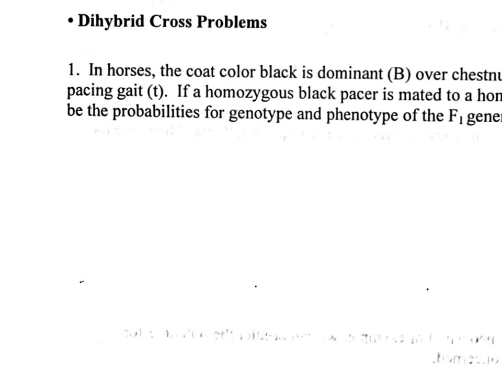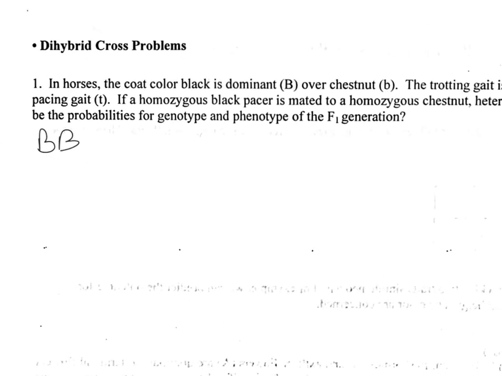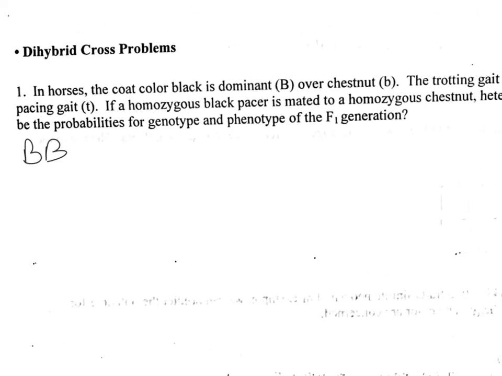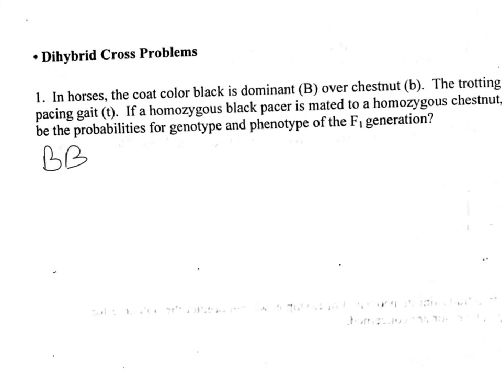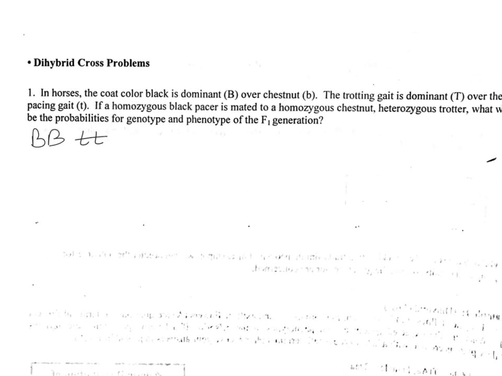Let me zoom in on this so I have room. That means big B, big B, right? Homozygous black. Pacer, so it's a pacer, which means it's little t. How do I know it's little t? Because if it's a pacer, it has to be little t, because that's the recessive trait. And up to now, we've only been discussing dominant and recessive.